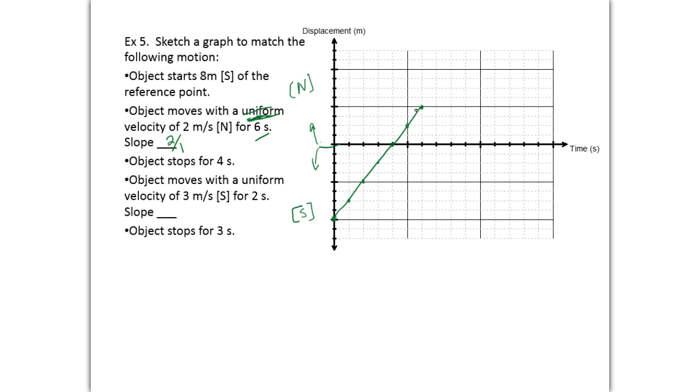It stops for 4 seconds. So 1, 2, 3, 4. And moves with uniform motion, a velocity of 3 meters per second south. So 3 over 1. So down 3 because it's moving south, over 1.